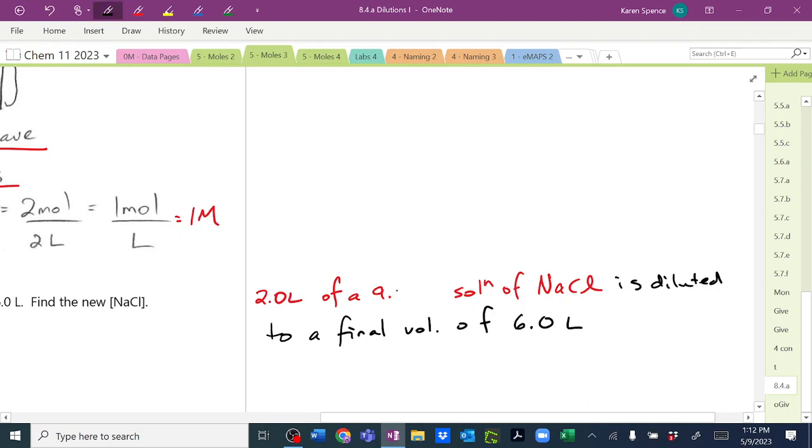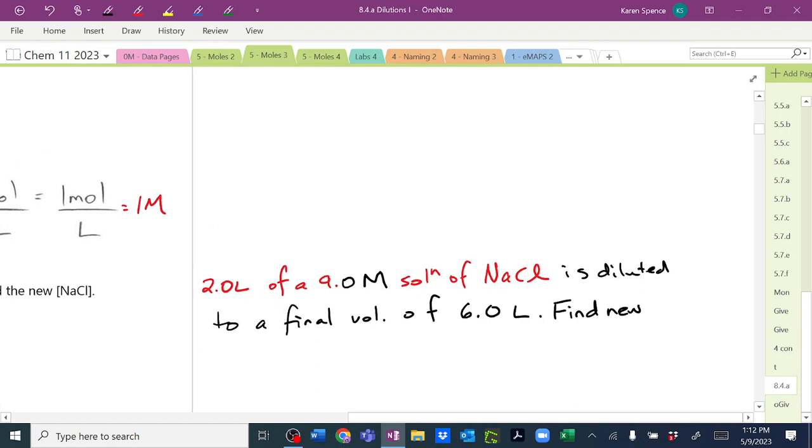Sorry, I should have written that as an actual M that looks like an M. And we need to find the new concentration of the NaCl.